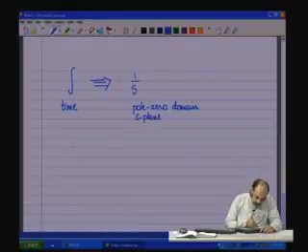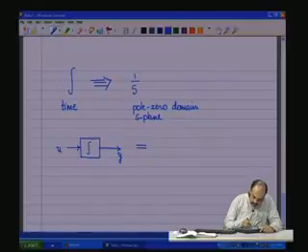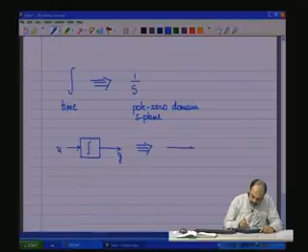So, now the integrator as such, with the input u and output y, can be represented in the pole 0 domain as follows.